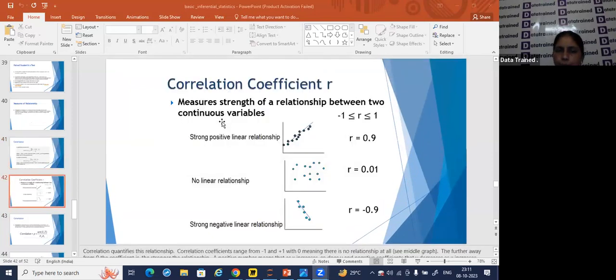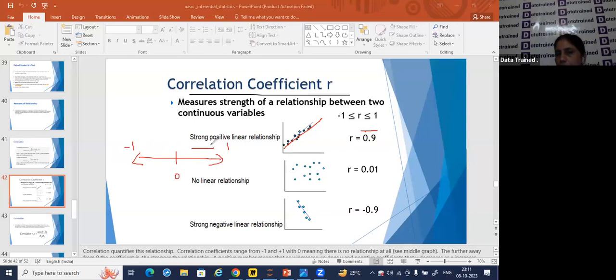When we find the covariance between the two variables, we can then find the correlation coefficient R also. If my correlation coefficient is positive, I will say that the relationship is stronger between the two variables. The calculated values of correlation coefficient R lie between 1 and -1.